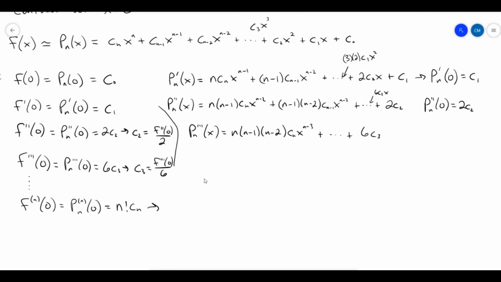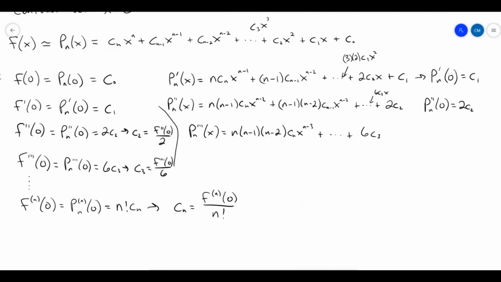And that would finally allow us to say that the general formula for the nth coefficient must be the nth derivative at 0 divided by n factorial. Okay? And again, this is a general formula now that's going to tell us what every single one of those coefficients has to be, up to the nth one.